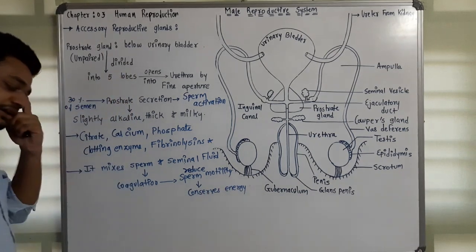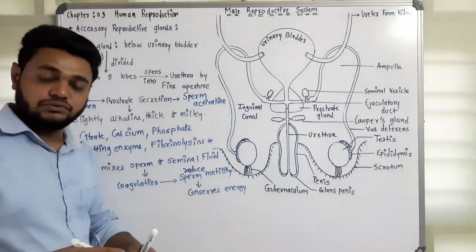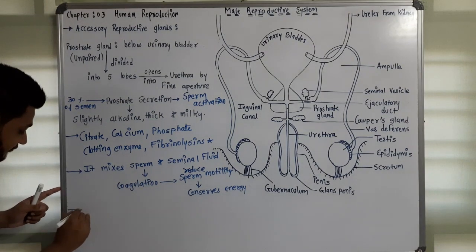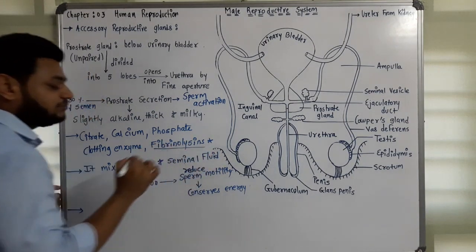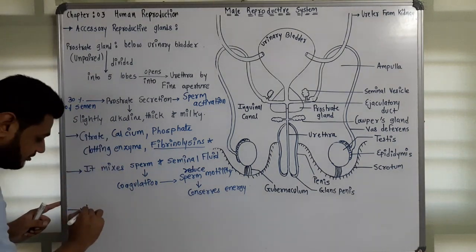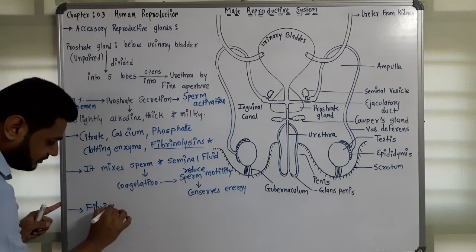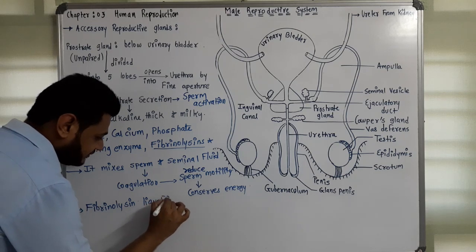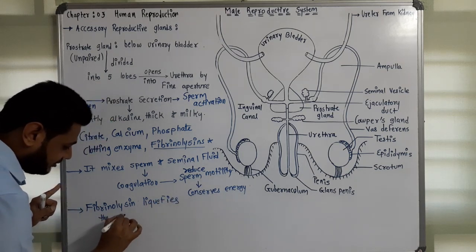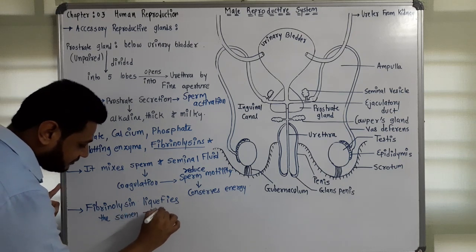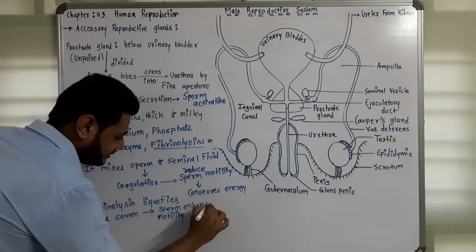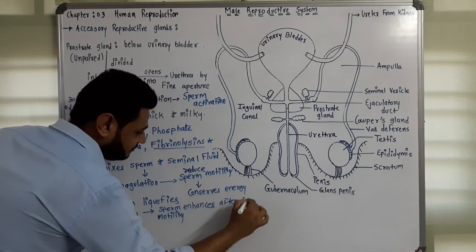After that, what happens? When it is time to enhance the motility, the fibrinolysin which was present in the prostate fluid liquefies the semen, and due to that sperm motility enhances after some time.